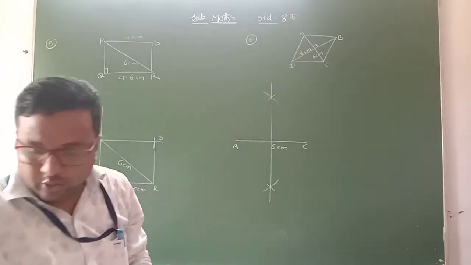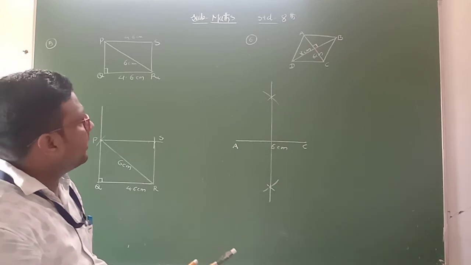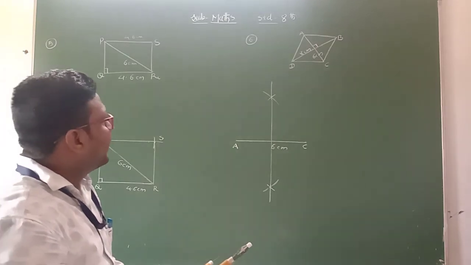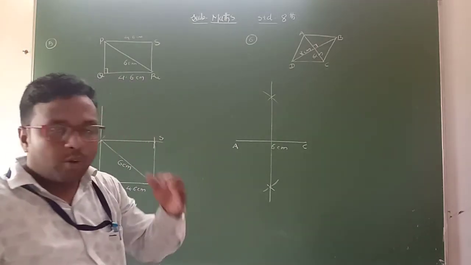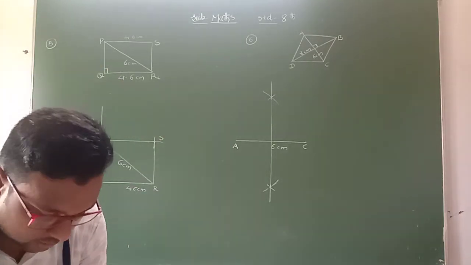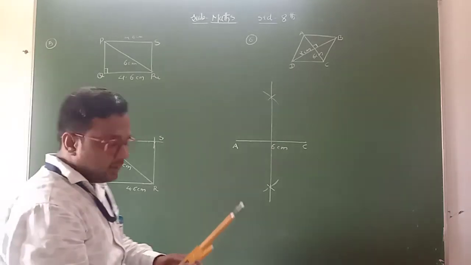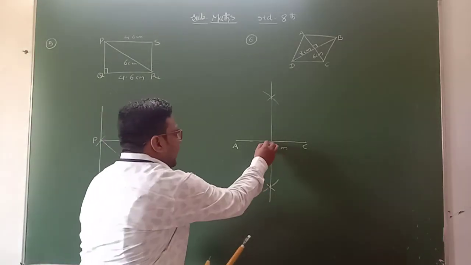The length of diagonal BD is given 8 cm. Half of 8 centimeter is 4 centimeter. You have to take 4 centimeter distance using O point as a center.